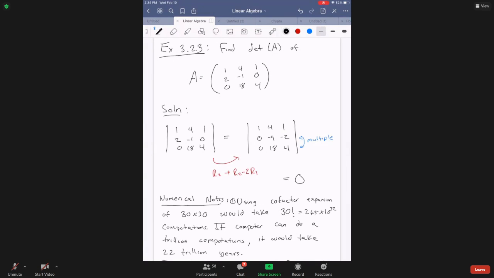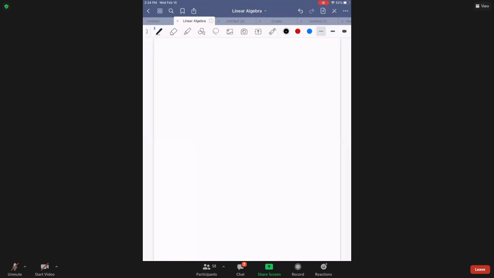Basically, after this example, that finishes off this section. So, example 3.2.4.